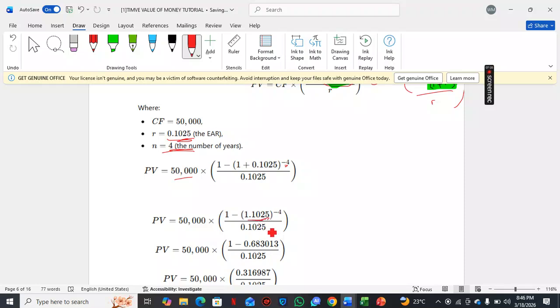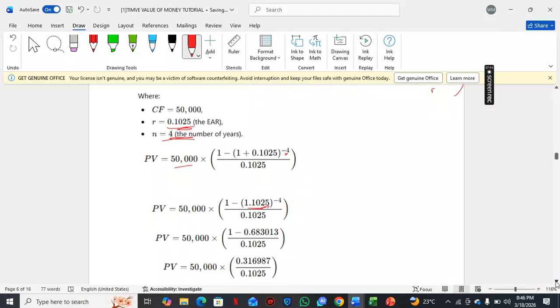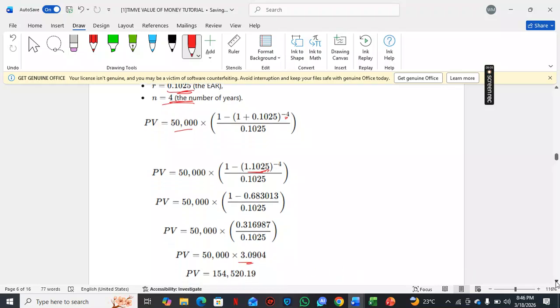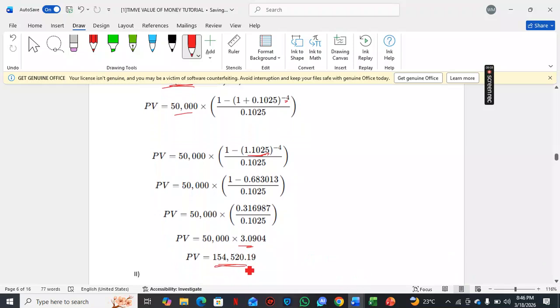To the power negative 4, you get 0.6830. Then you subtract 1 minus 0.683, you get 0.3168987. Then you divide by 0.1025, you get 3.0904. You multiply it by 50,000, you get 154,520.19.